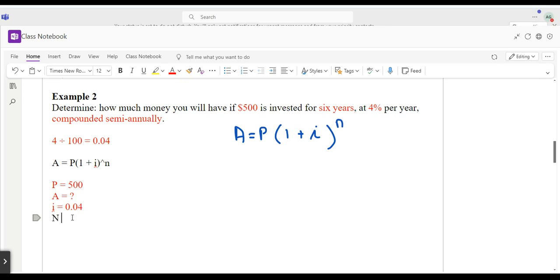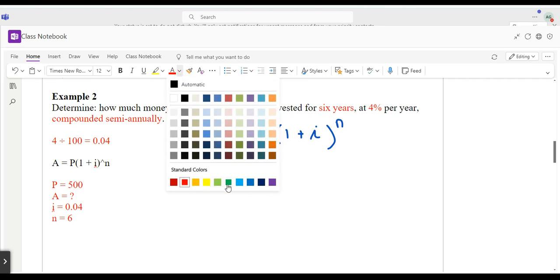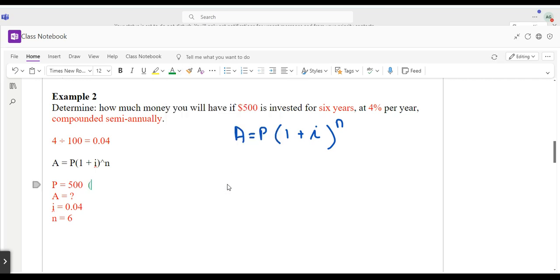And our n value will be equal to the number of years. So n will be equal to 6 in this case. So I'll put little notes here beside this in a different color. So P is the starting amount, which we have is 500. A is going to be what we end up with.